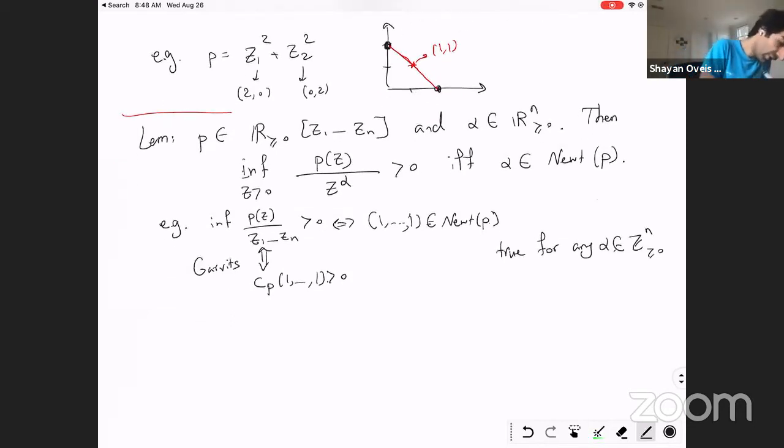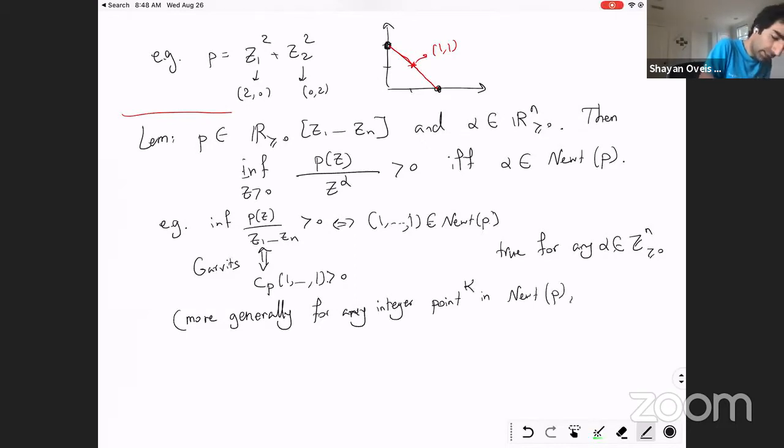So more generally, for any integer point in the Newton polytope of P, let's say kappa, C_p(kappa) is positive. This is a special property if P is real stable.